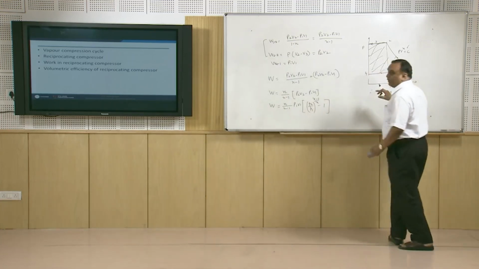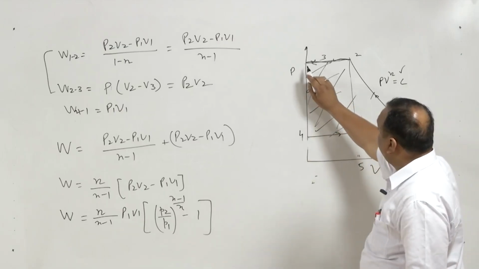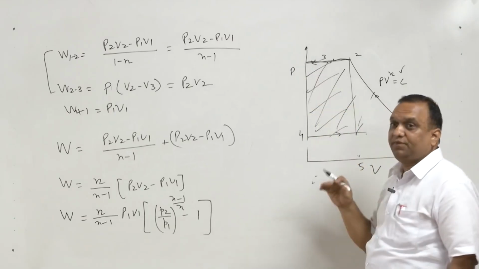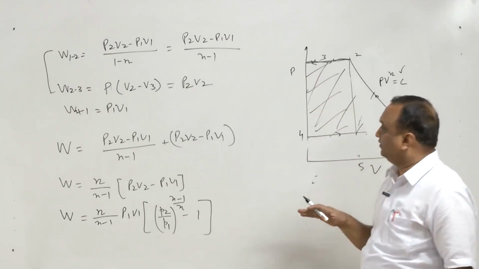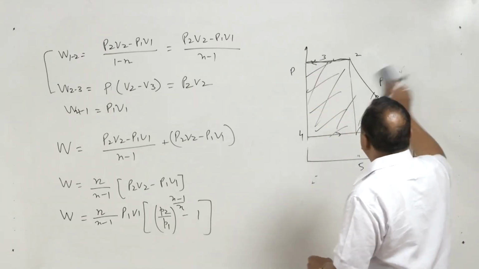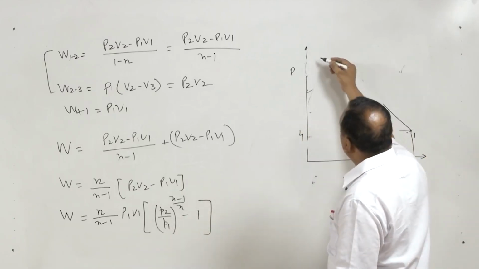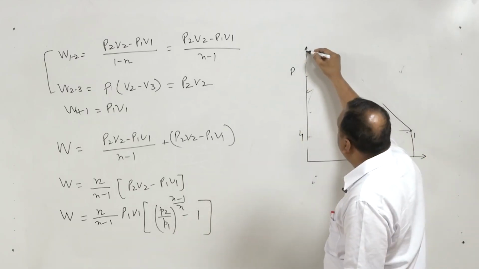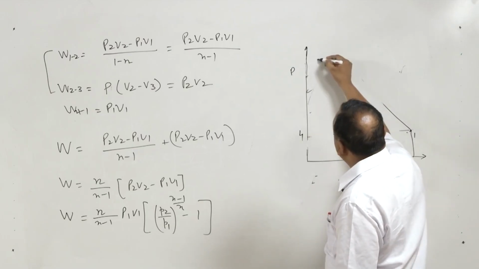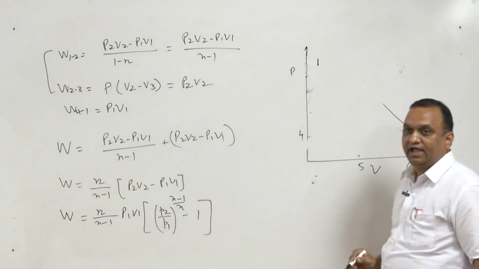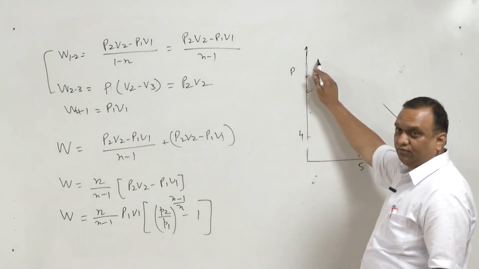But in actual practice, at this state the piston will be striking the head of the cylinder, since volume is 0. Therefore, in order to avoid any damage to the head, some clearance is provided, and this volume is known as clearance volume.